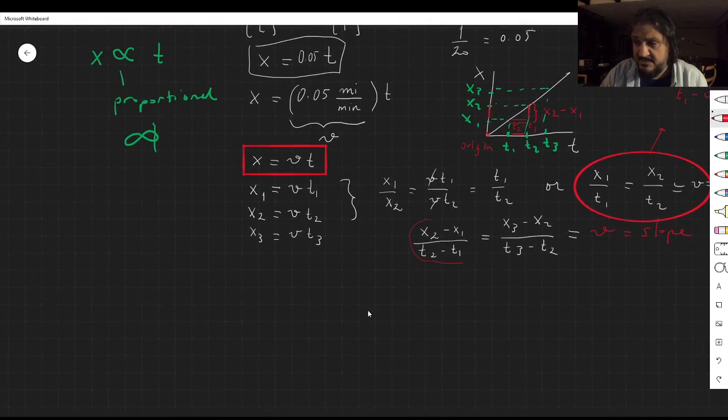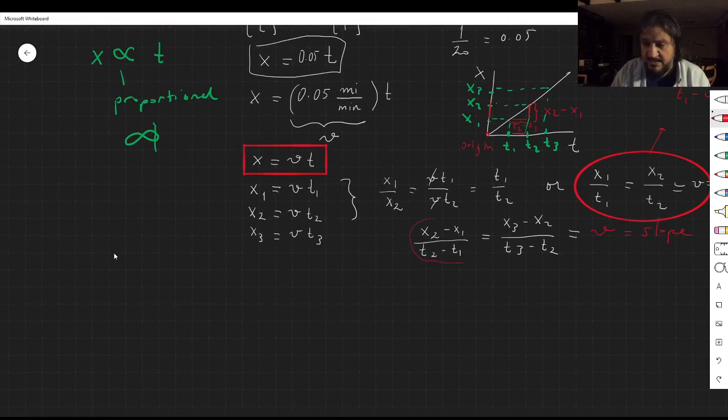Let's do something different now. This is the track that I'm walking. I'm walking this way to the right.